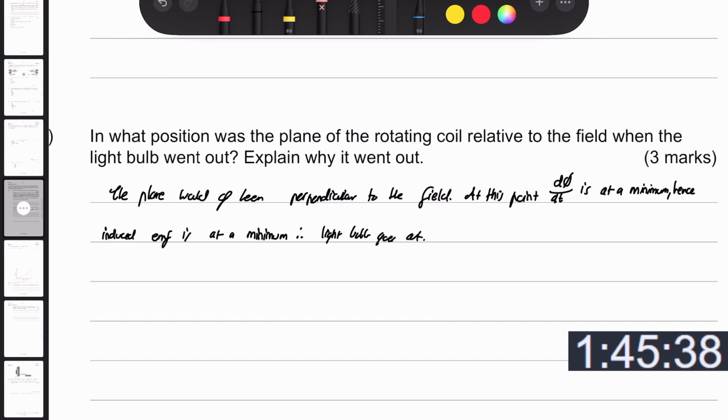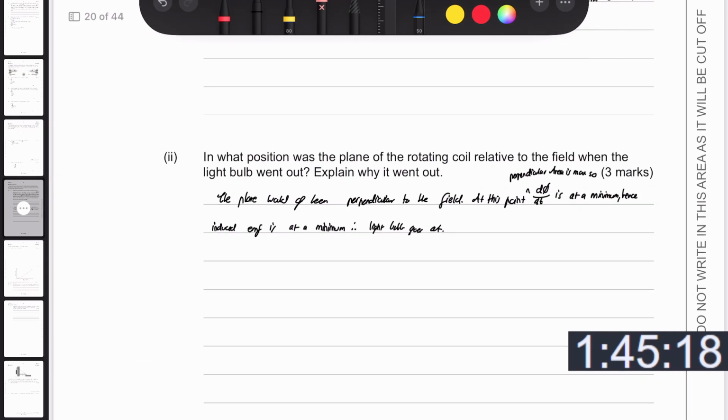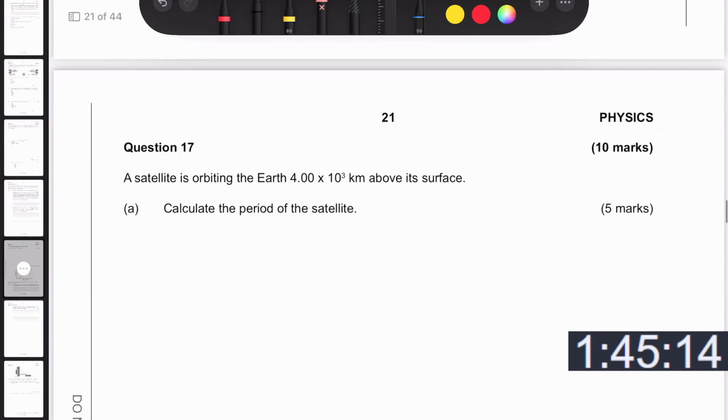At this point, perpendicular area is maximum, so the change in magnetic flux is going to be a minimum.